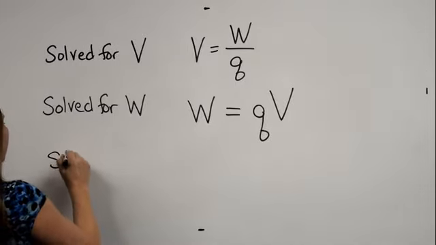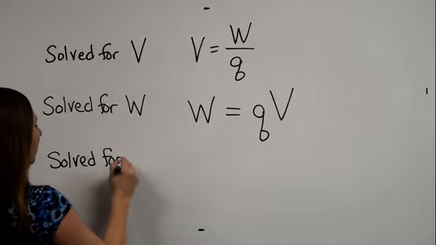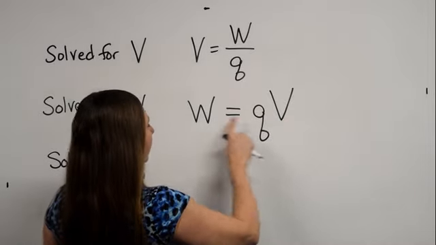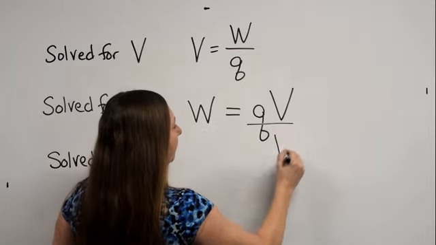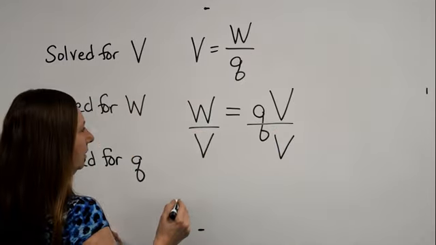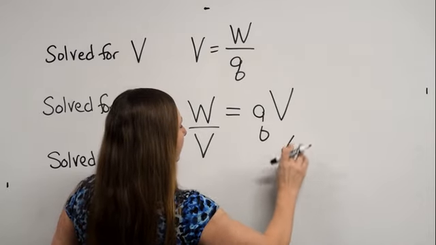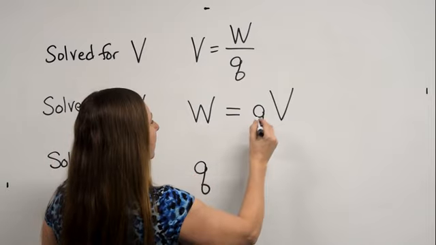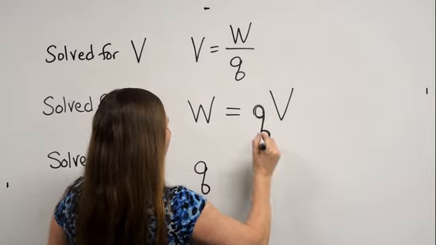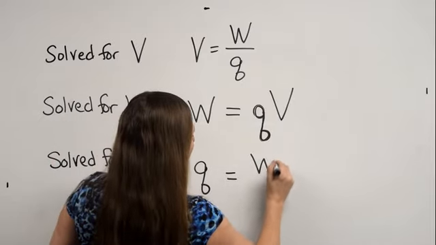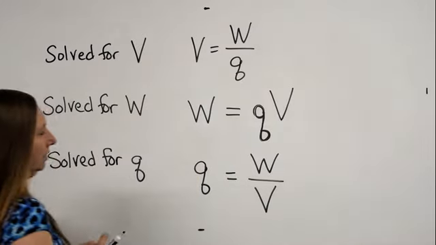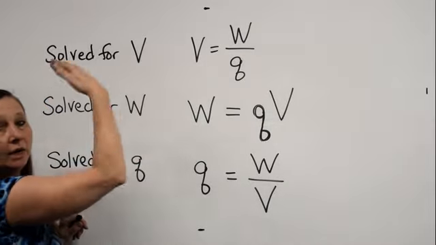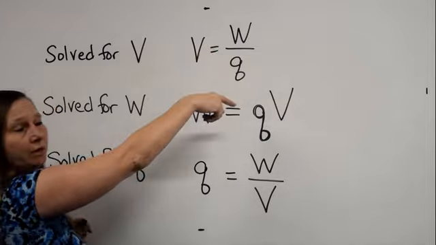And finally, solved for charge, Q. Let's divide both sides by V. And we find that Q is going to be equal to W divided by V. Now, what you could have done to go straight from here to here: V and Q are inversely related, so you can just switch inverses.